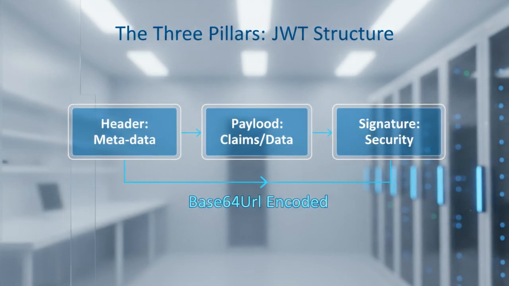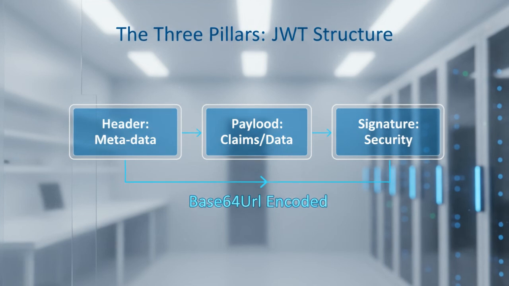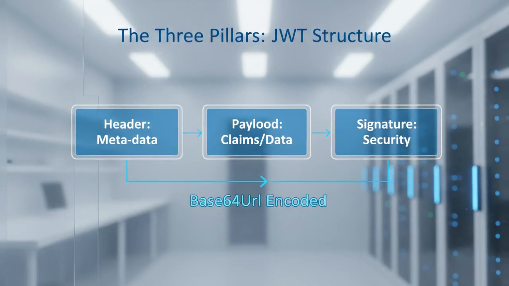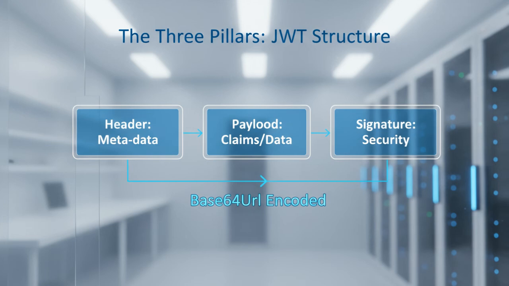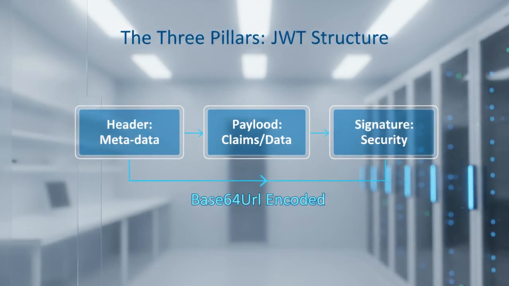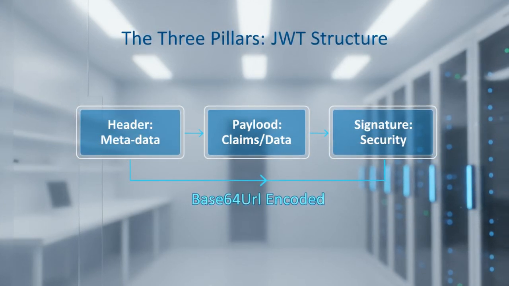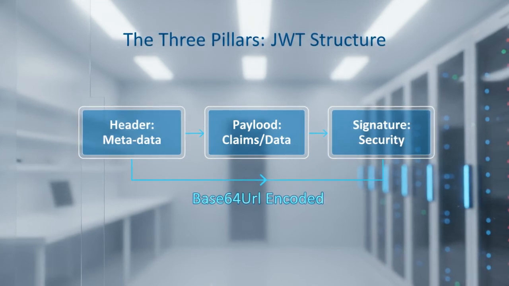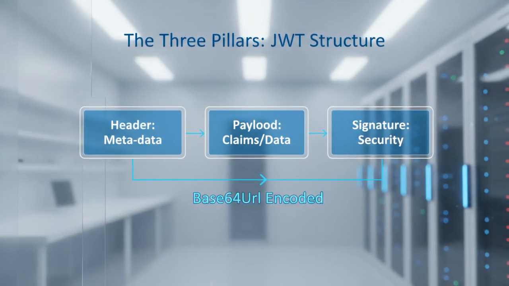The payload contains the claims, which are statements about an entity, usually the user. Finally, the signature ensures that the token hasn't been tampered with. This structure allows the receiver to verify the sender's identity and the integrity of the data without needing to perform a database lookup for every single request, which is a game changer for system performance.